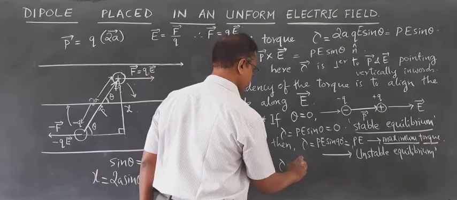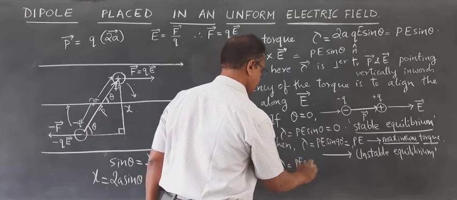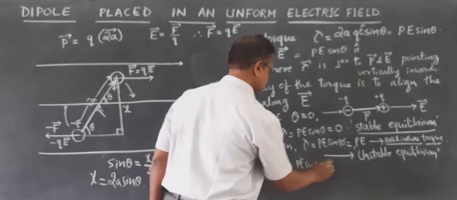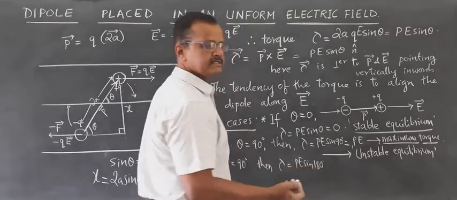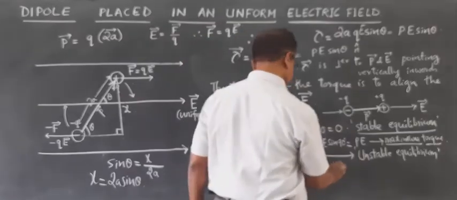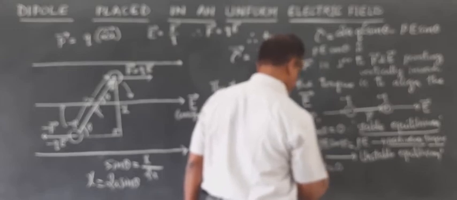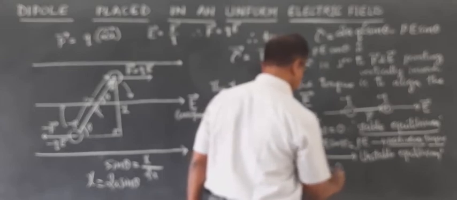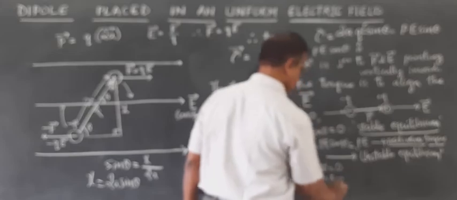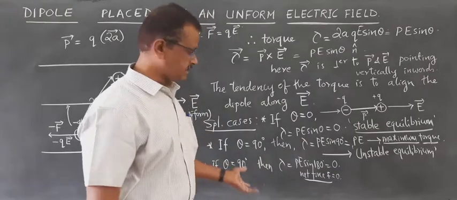Torque tau is equal to PE sin 180. Sin 180 is 0. So it experiences 0 torque. Net force is also 0. In all the cases, net force F is 0. In all the cases, it is true. Net torque is also 0.